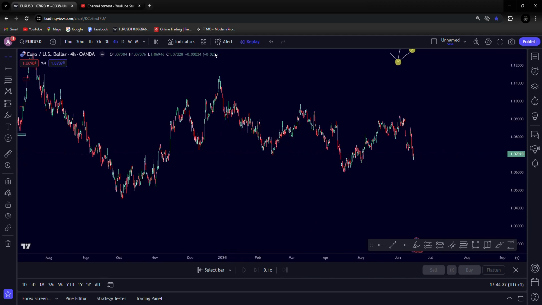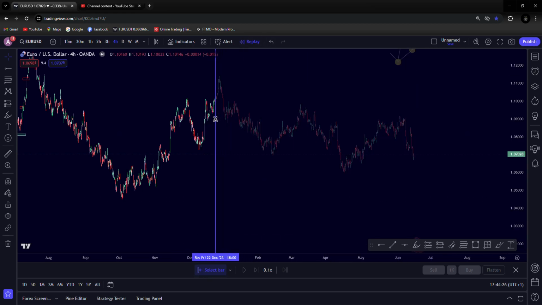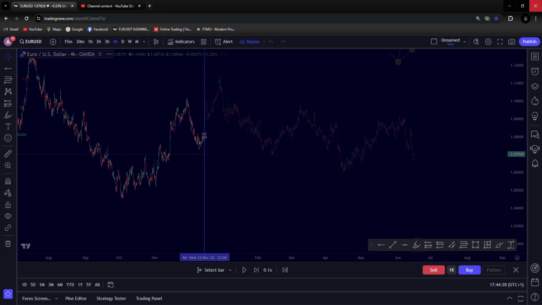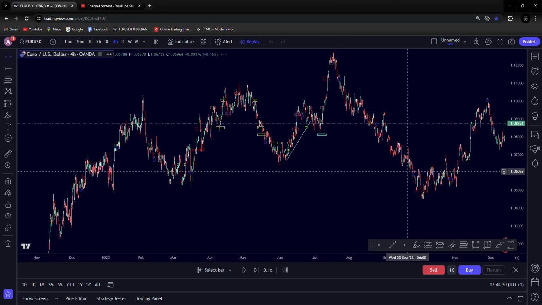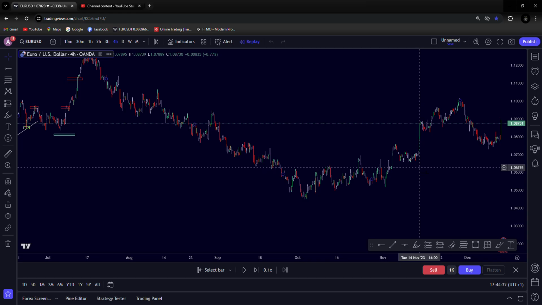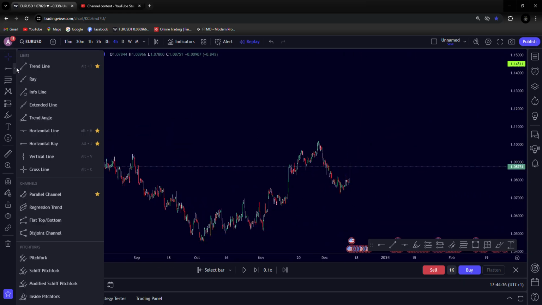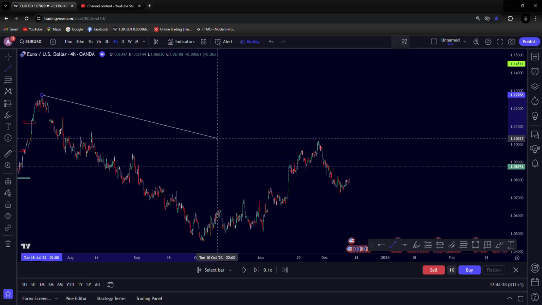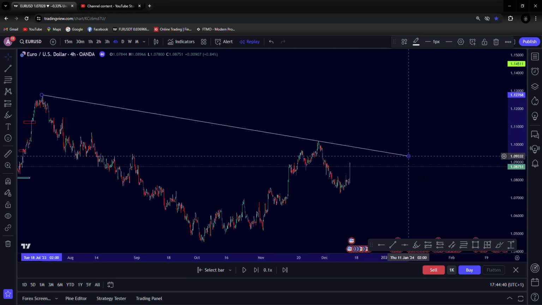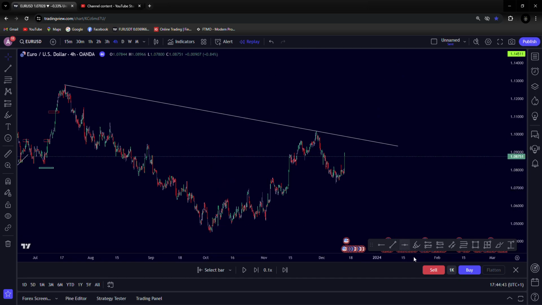So let's say this is a 4 hour time frame, and let's cut it from here, okay. If we cut the chart from there, let's draw a trend line on the bigger time frame, yeah. This is our bigger time frame chart, where we have our point 1 and point 2, okay.